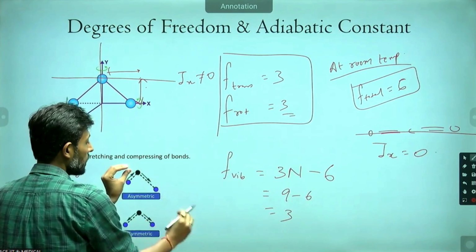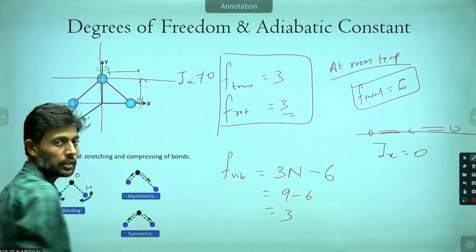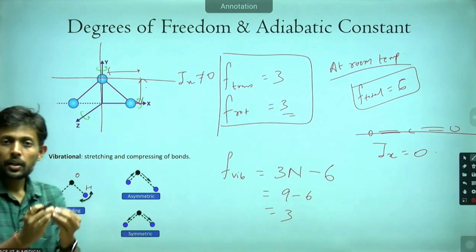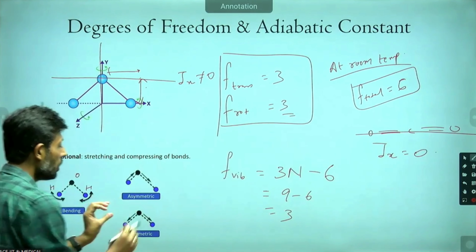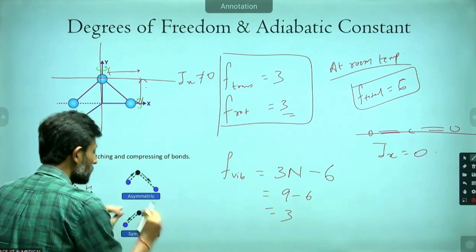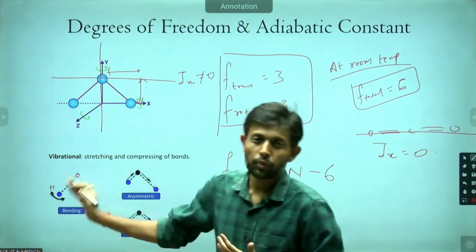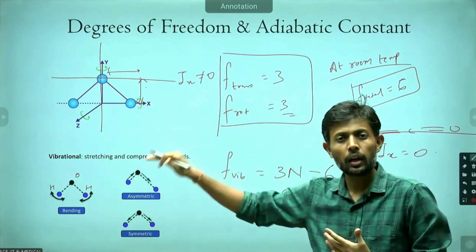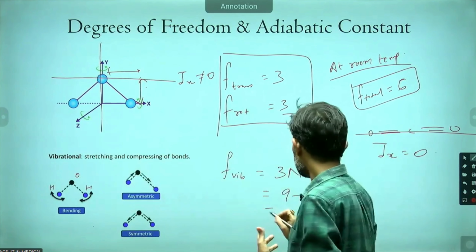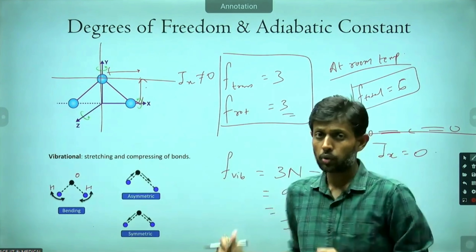One is going like this, the other is going like this. And then there is symmetric stretching and compression of the bonds. The third vibrational mode is going like this, like this. Okay. So these are the 3 different ways in which a triatomic nonlinear molecule can vibrate. And that is why the maximum number of degrees of freedom for the vibrational mode is 3.